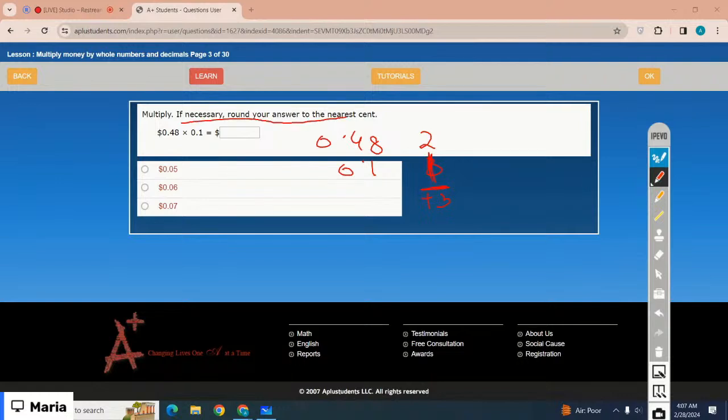You have to round off the answer also. When you multiply 48 times 1 it is 48, like this, right? You need to move the decimal point 3 places to the left. So 1, 2, then the third place, and move the decimal point over here. That is 0.048. Also, you have to round off. So you can round it off to 0.05. Got it?